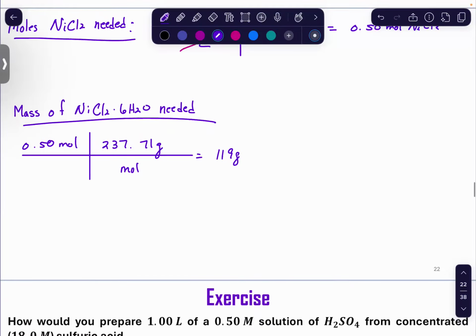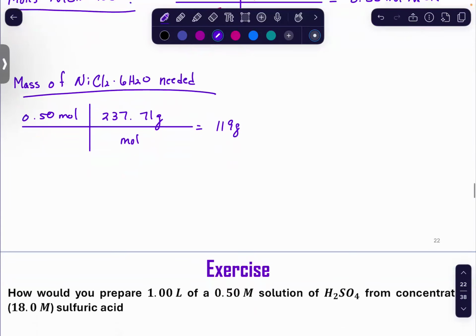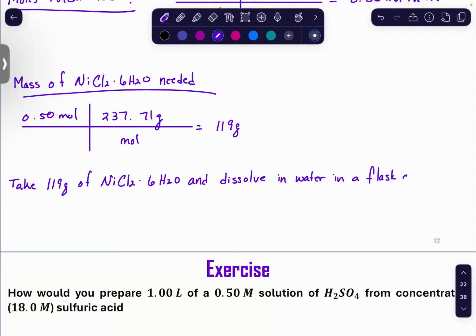nickel 2 chloride, the way you prepare it is you're going to say, so again, you start by dissolving your solid hydrate in enough water to completely dissolve the whole thing.